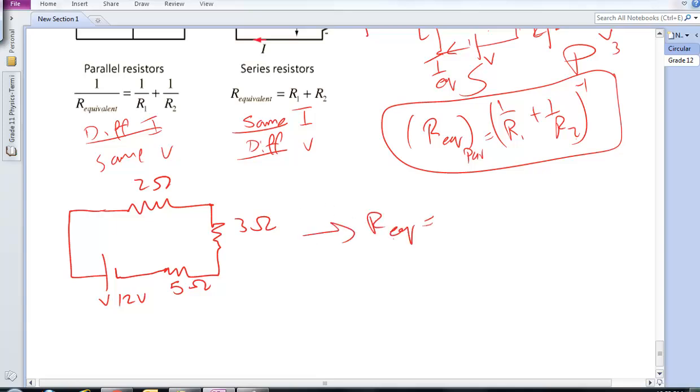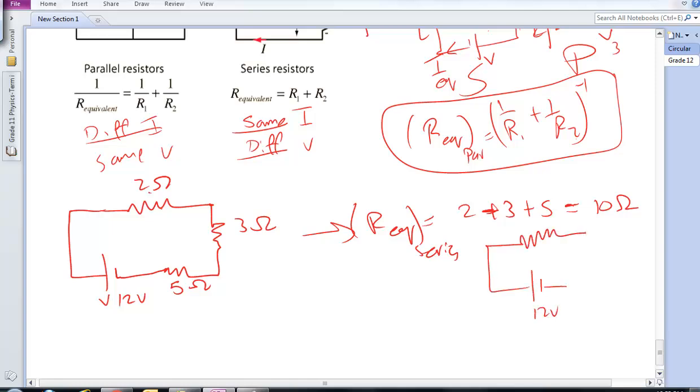This is a series circuit, so I need to add 2 plus 3 plus 5, which is 7, okay, and this is 2, and this is 3, there is no more. So they are 10 ohms. And this is what we call R equivalent. So I can change the circuit into a battery of 12 volts and one single resistor of 10 ohms.